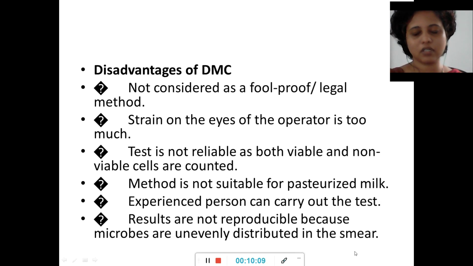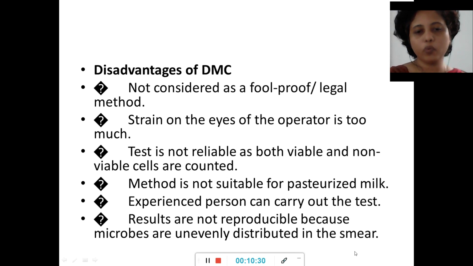That is what is known as reproducible. So if I prepare a smear in one way and another person prepares a smear of the same milk in another way, we might get different results. In such a case, it is considered that this method is not reproducible.